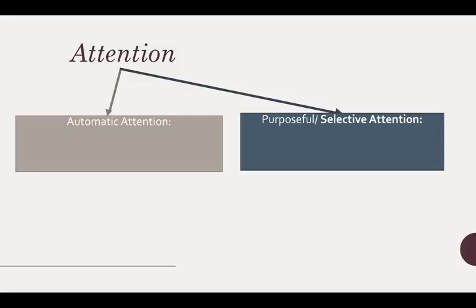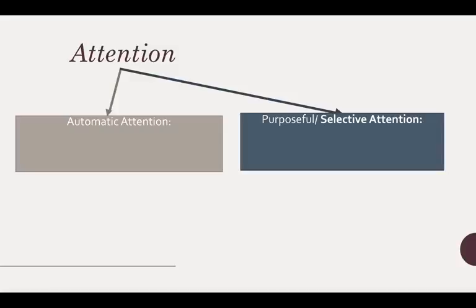So automatic attention is when something external gets our attention. For example, if I clap, you guys would look up here, right? That would be your automatic attention. Or if I flick the lights, you would look up, and that would get your mental focus. Again, it's directed towards something external, so you would be looking up at me, or you would be looking in the corner to whoever flicked the lights.